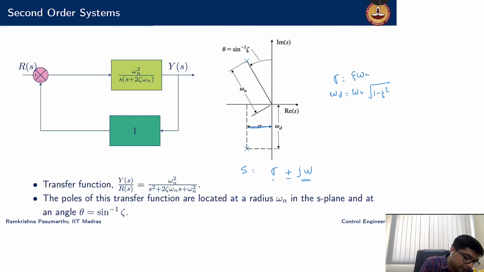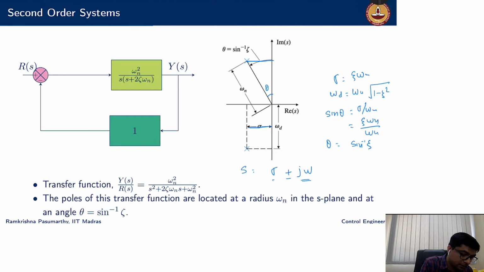Then I can have a little angle here, theta, and if I draw a right angle triangle here, sine of theta would be the opposite, in this case sigma over omega n. So this is zeta omega n over omega n. So this theta will be equal to sine inverse of zeta.